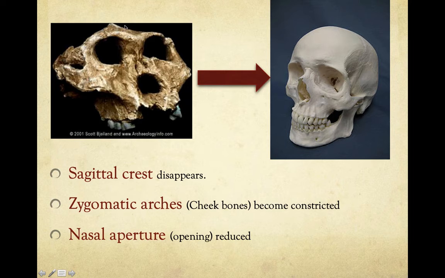Rather than to be sort of caged in by those biting muscles, we compensated for our weak jaws with our brains. You also notice the nasal aperture, which is nose opening, is very big on this more ancient species and becomes smaller over time as we move towards Homo sapiens.